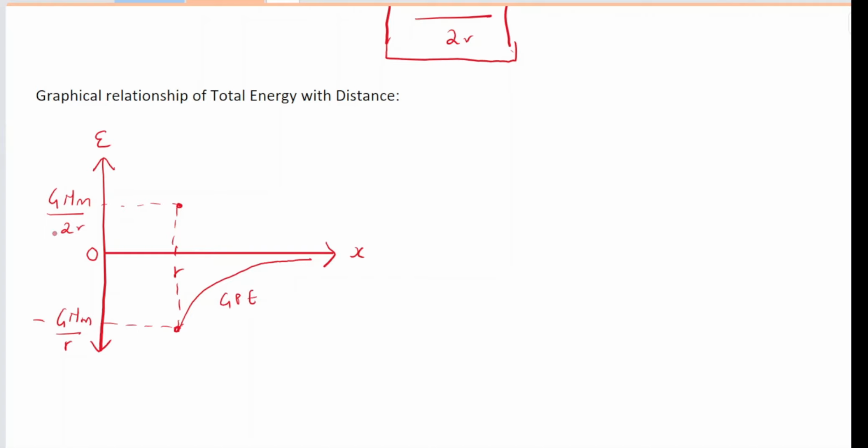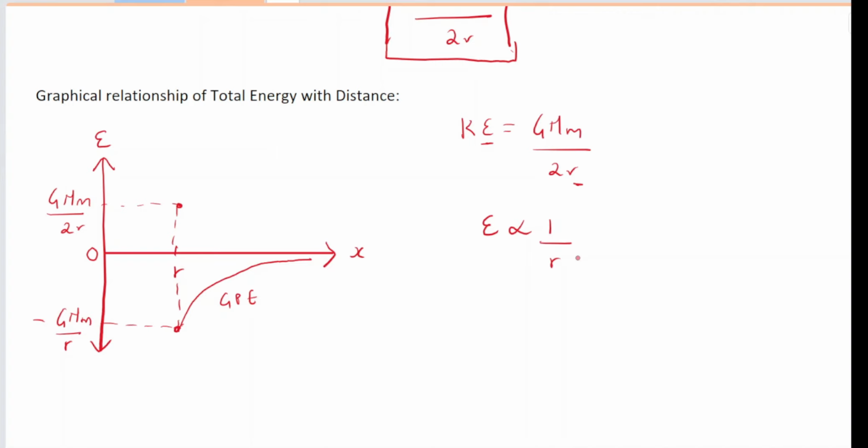For the kinetic energy, again, this is the relationship: KE equals GMm over 2r. You're drawing the graph of energy against the radius, or the distance. You see that they are inversely proportional, so energy is inversely proportional to r.